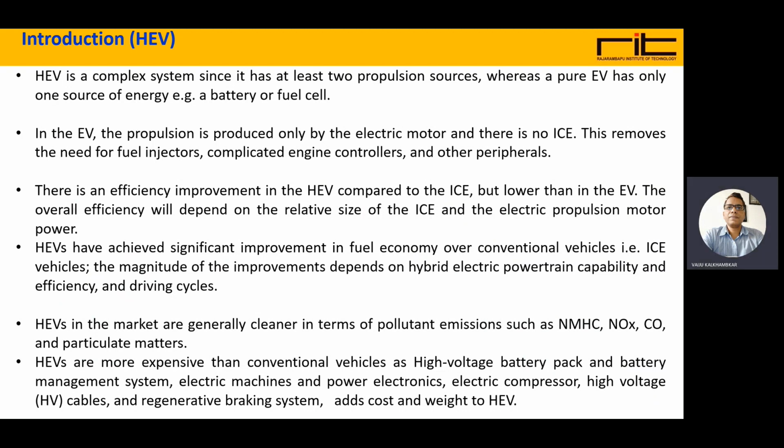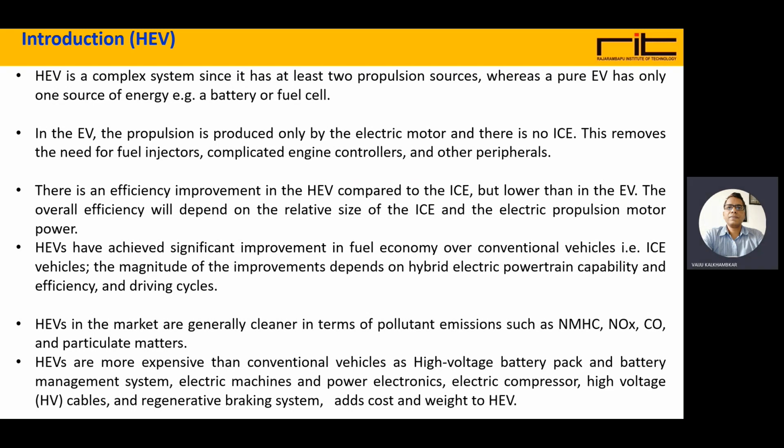Whereas in a pure electric vehicle, it has only one source of energy, that is a battery, or it may be with a fuel cell. In an electric vehicle, propulsion is produced only by the electric motor and there is no IC engine. Because of this, it removes the need of fuel injectors, complicated engine controllers and other peripherals. So a pure electric vehicle is simpler than a hybrid electric vehicle.